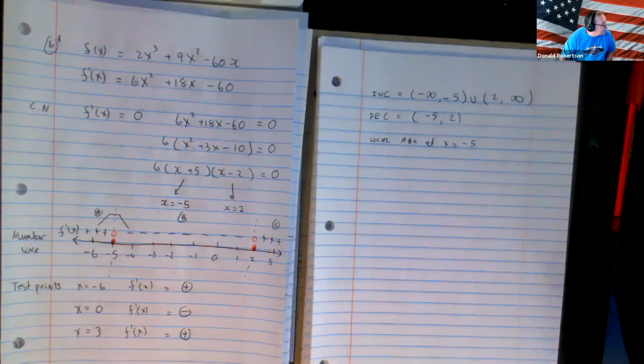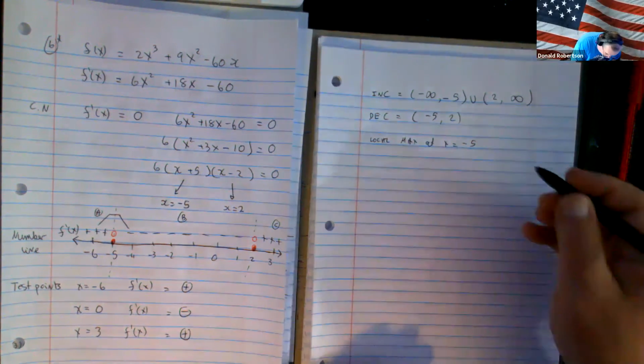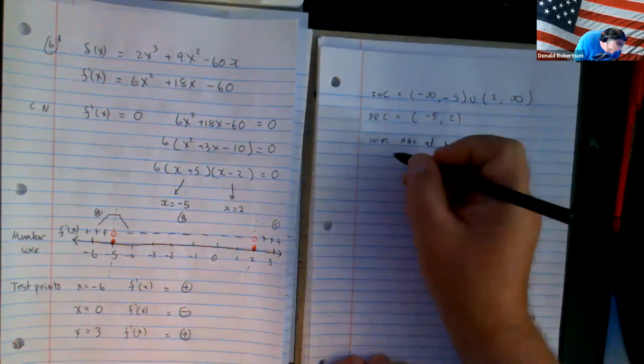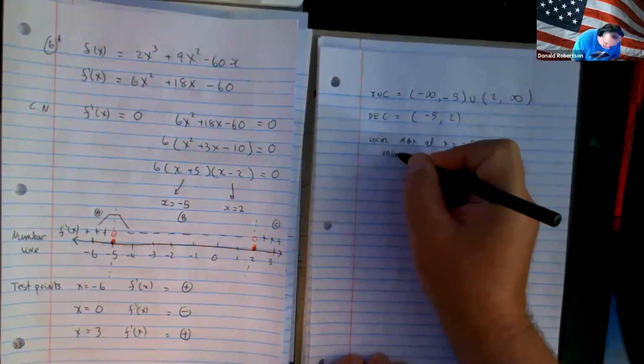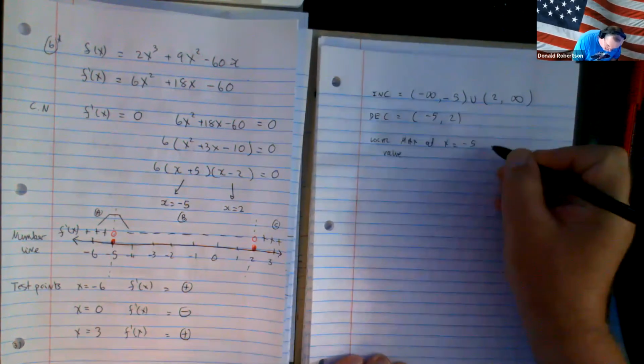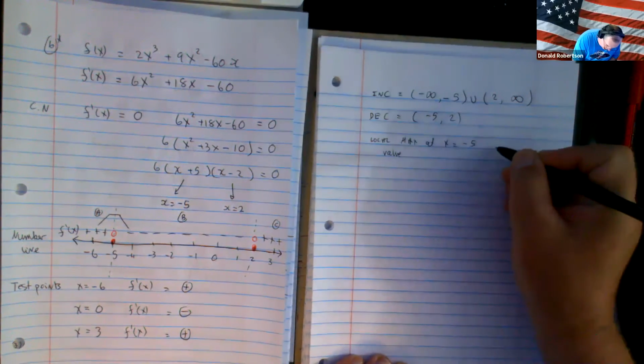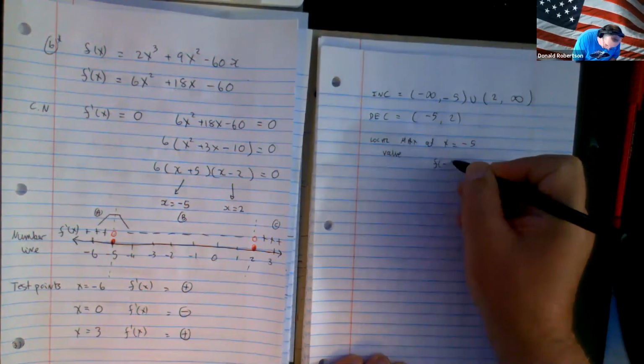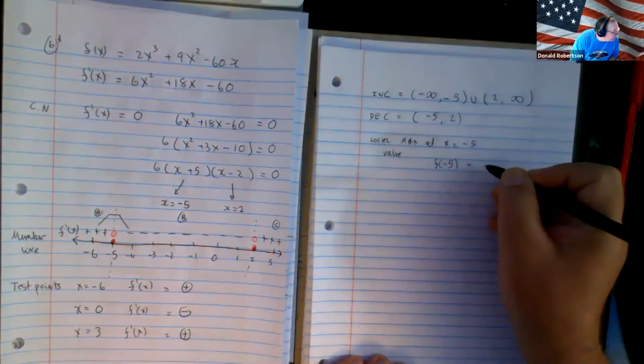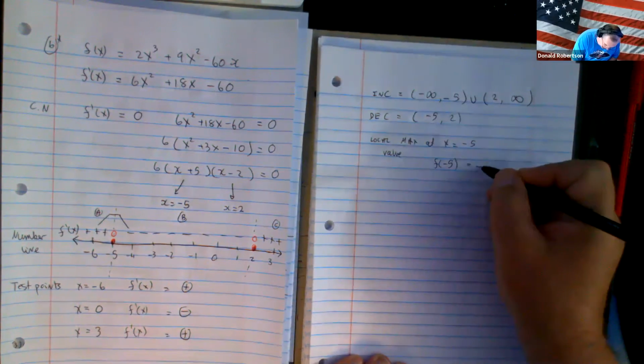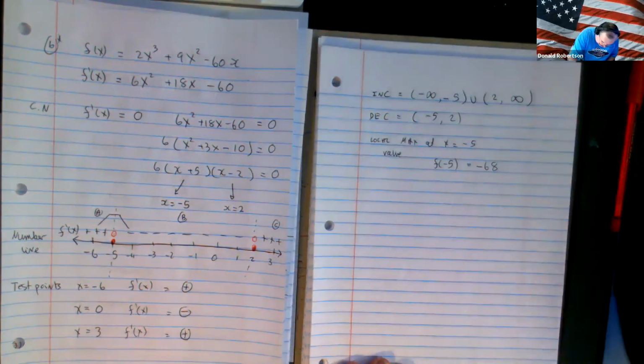Let me check something here, because I've got the answer somewhere. But they don't want the local max, they want the local maximum value, which essentially means they want to know what the y coordinate is. So I will need to find f of -5, and the answer to f of -5 is eventually -68.